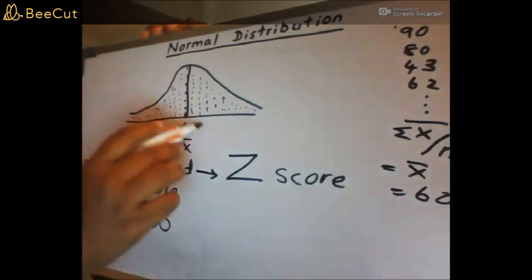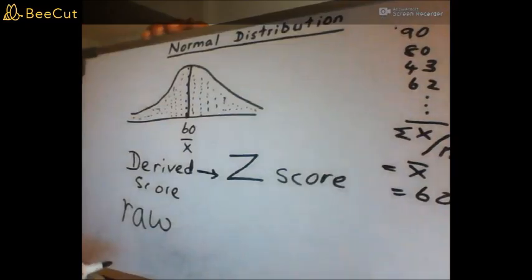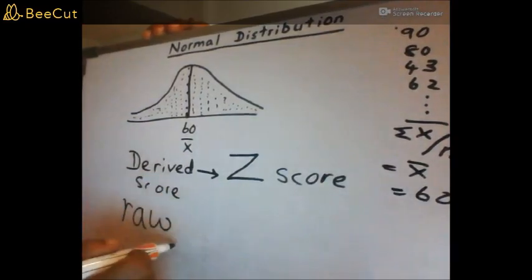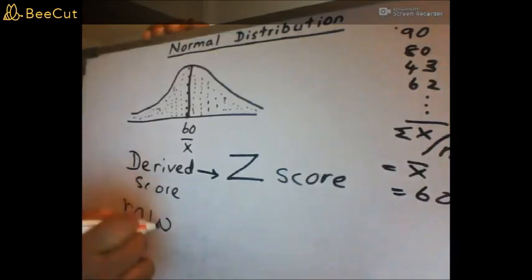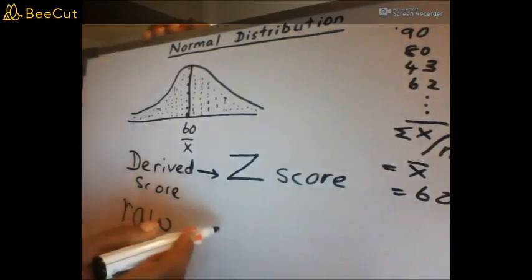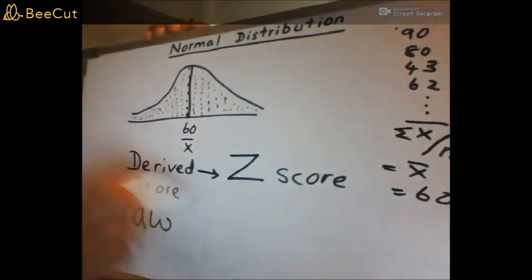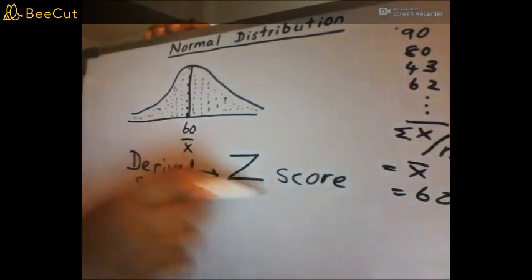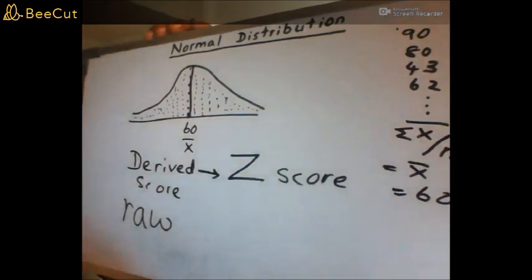For 60, 59, 58, 36, all these are raw values. By making use of these raw values, we calculate another type of score. Those scores are called derived scores, and one of these derived scores is the Z score.